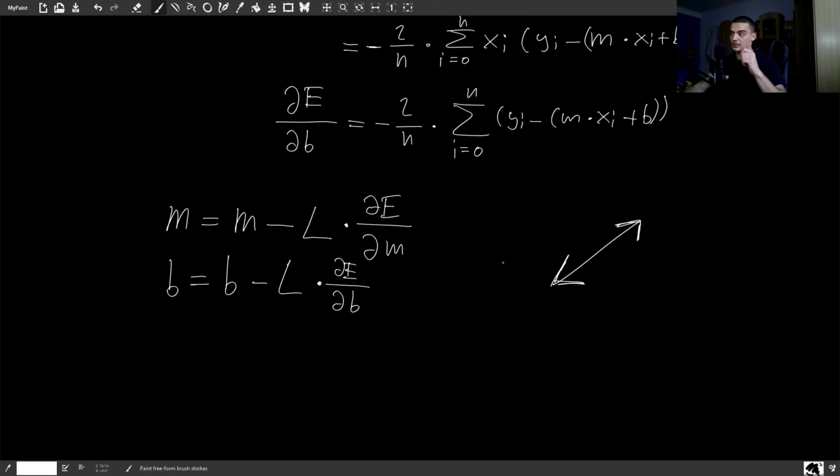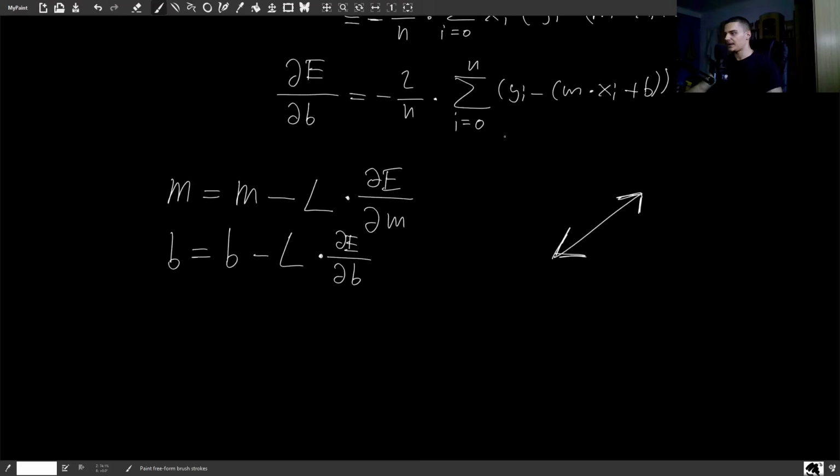We don't do this only with score and with study time. Sometimes we have like 10, 20, 1,000 different features that we have to take into account when doing a linear regression. So it's not always just two things. And this is the direction of the steepest ascent, which is why we subtract, because we don't want to go in that direction. We want to go in the opposite direction. Otherwise, we would have a plus here and not a minus.